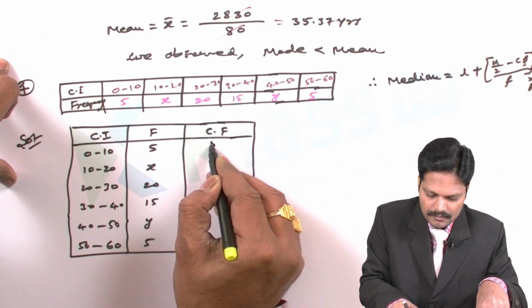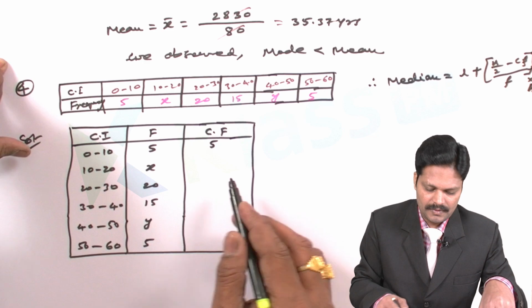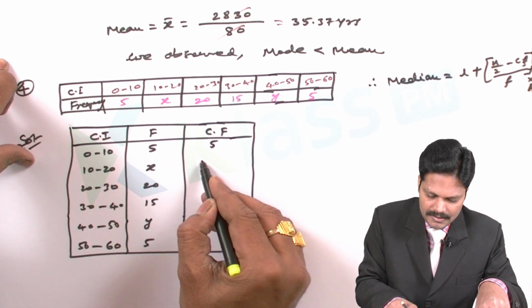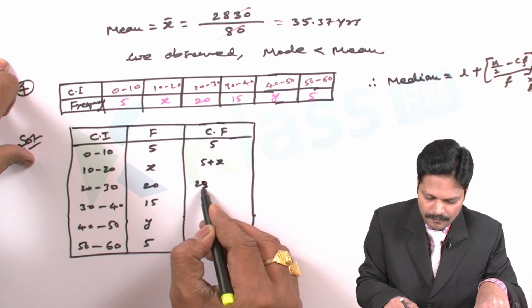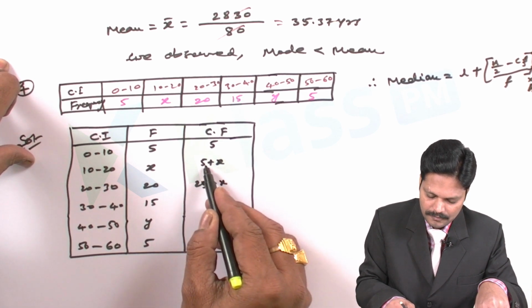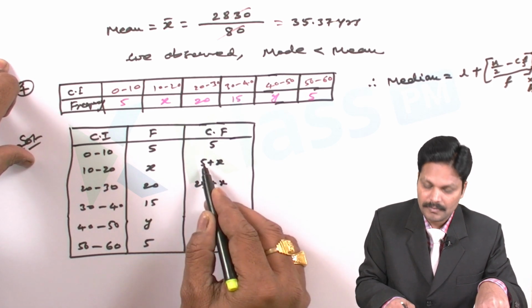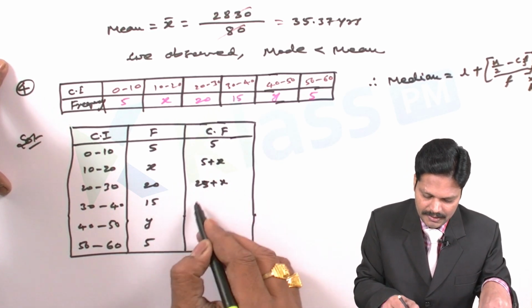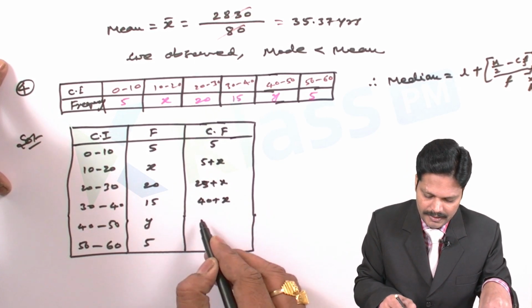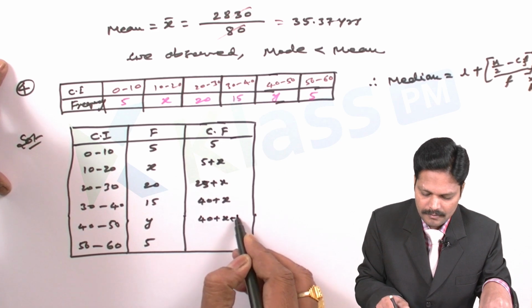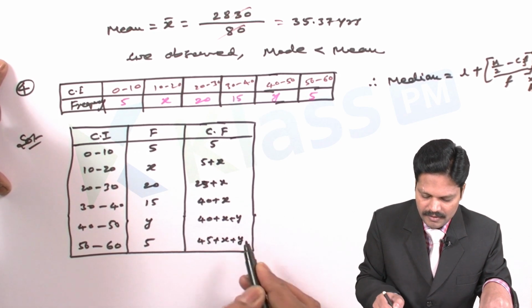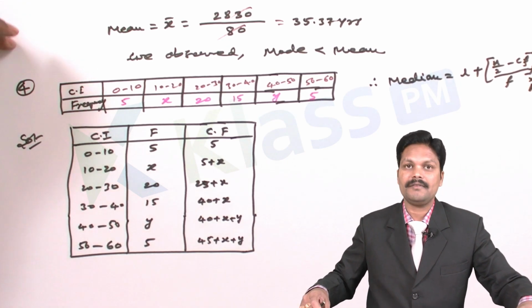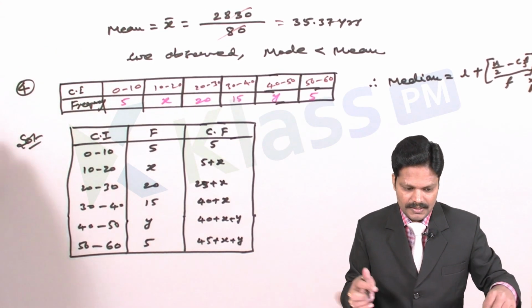The first cumulative frequency is 5, then 5 plus x, then 25 plus x, then 40 plus x, then 40 plus x plus y, and 45 plus x plus y. This is the way we arrange the cumulative frequencies.